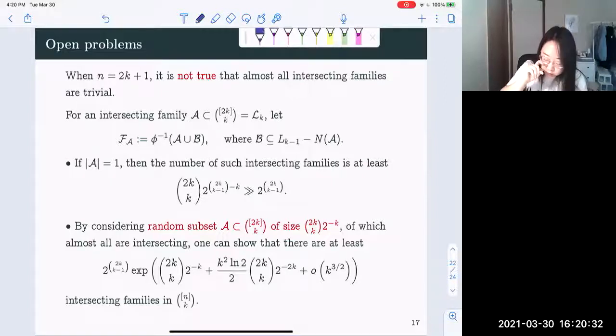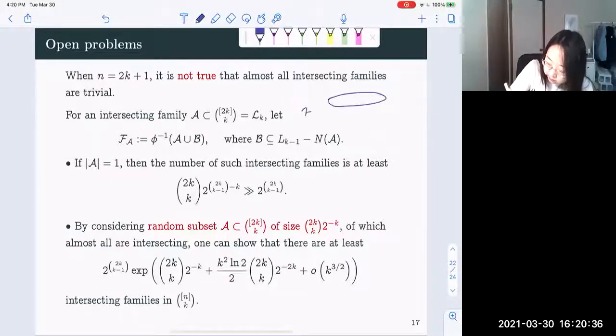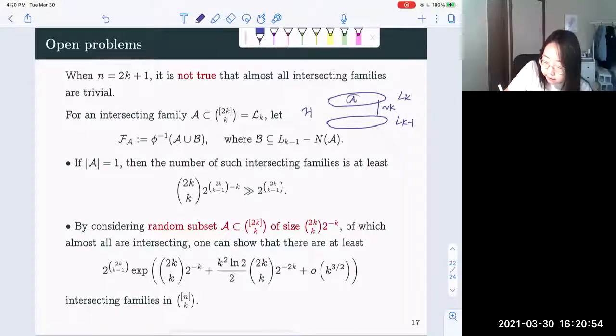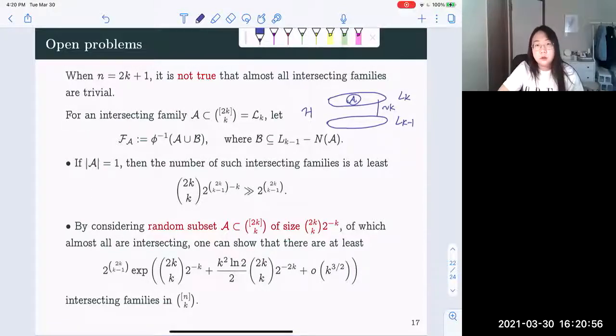The construction is similar. So let's still take this bipartite graph. And now we actually have two consecutive layers, and the degree is roughly k. Okay. So to construct, the way is, let's first take an intersecting family on the top layer.